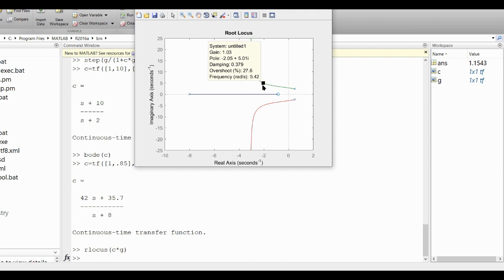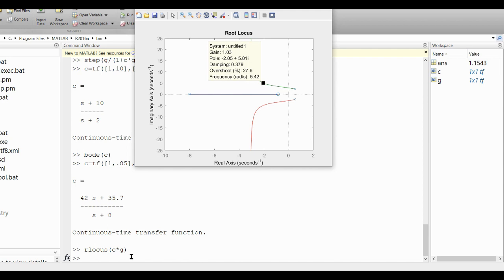Some of them may be very close to the imaginary axis, and then you'll get a long sustained oscillation, and that's a different matter. But over here at least you'll be able to get one branch of the compensator to pass through the point you want.